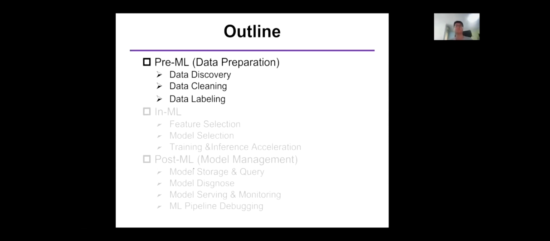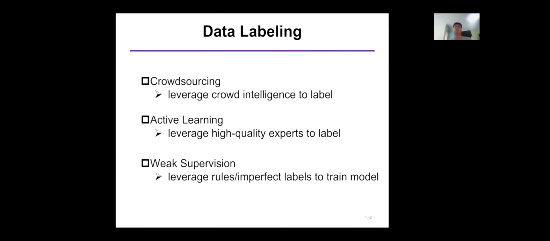Then let's talk about data labeling. We categorize data labeling into three groups. One is crowdsourcing, which leverages crowd intelligence to label the data. The second one is active cleaning, which hires high-quality experts to label.